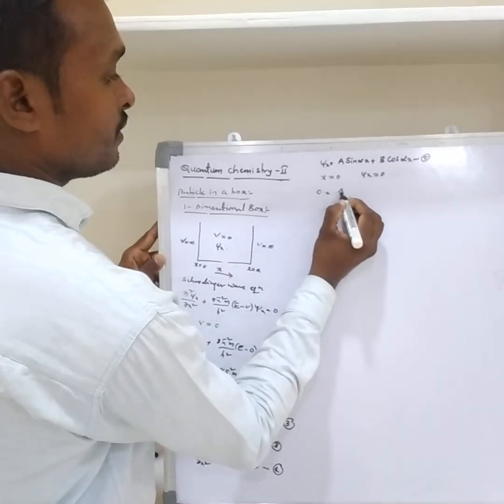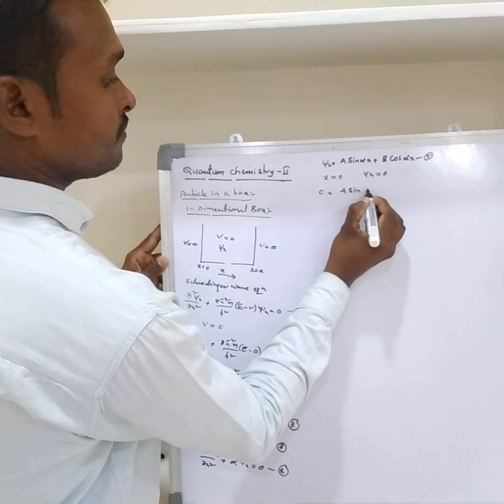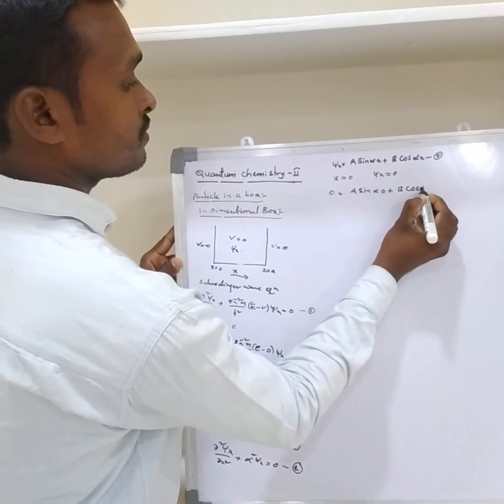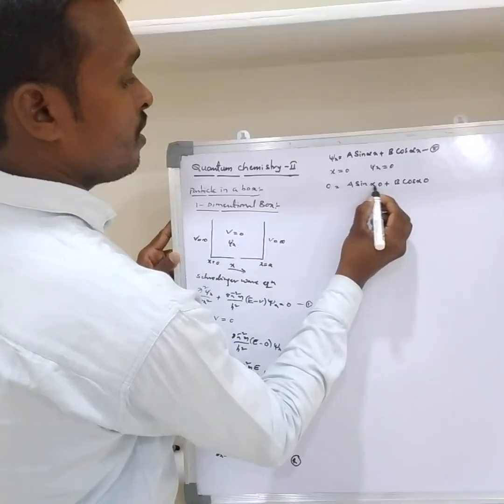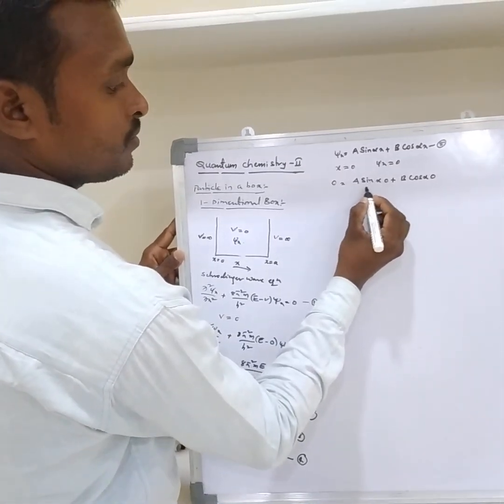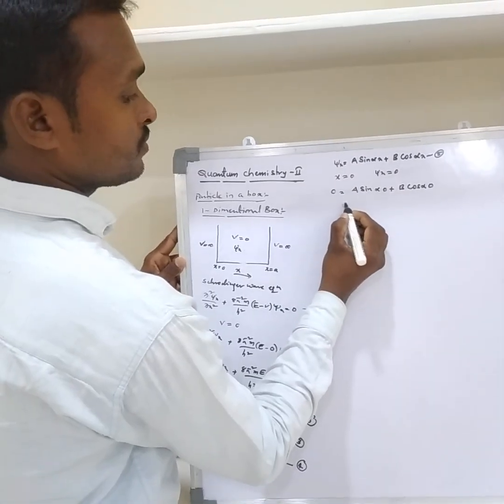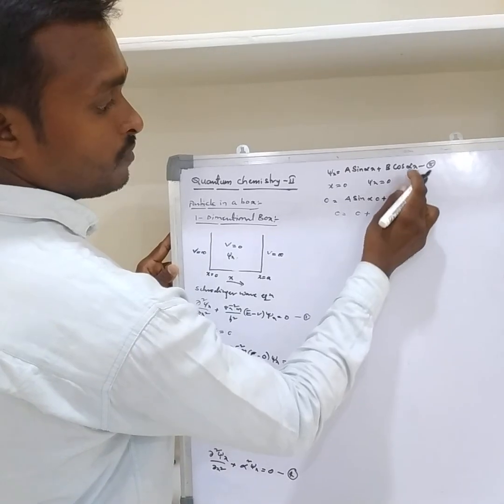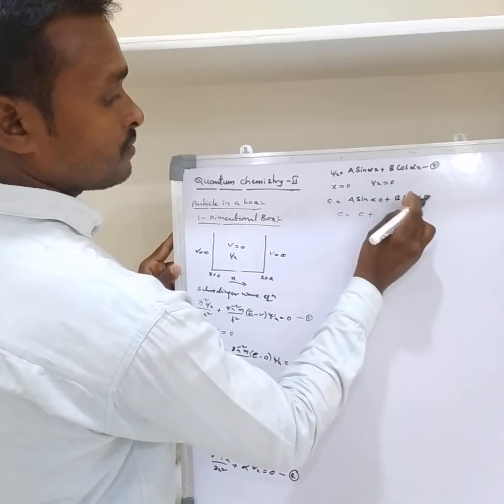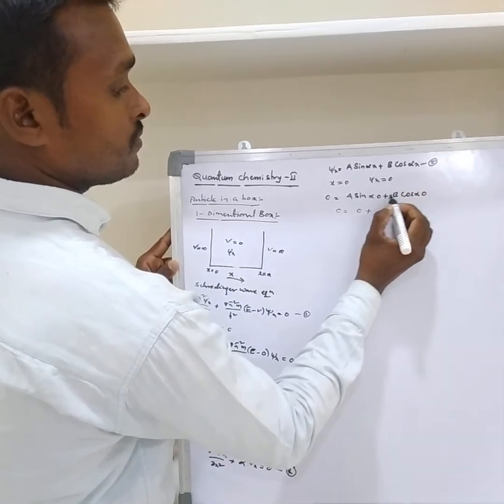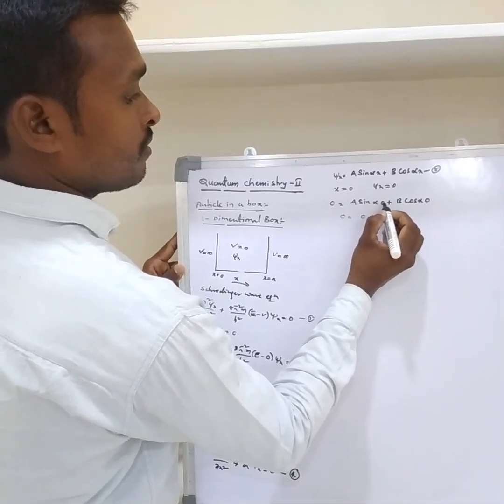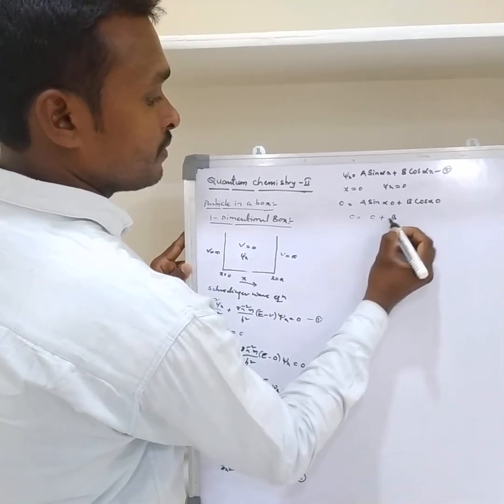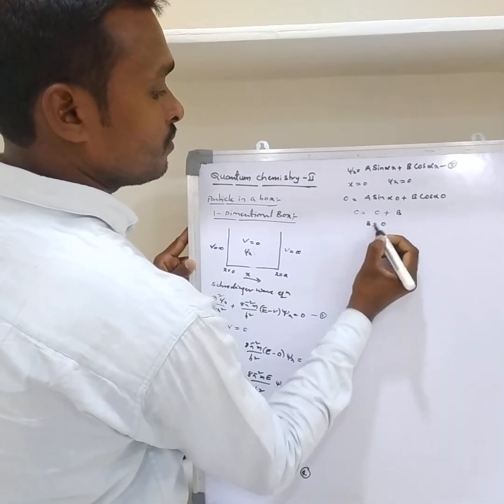0 equal to A sin alpha into 0 plus B cos alpha into 0. So alpha into 0 is 0, sin 0 is 0, 0 into A is 0. So 0 will be equal to 0 plus B, since cos 0 is 1, 1 into B. Therefore B equal to 0.